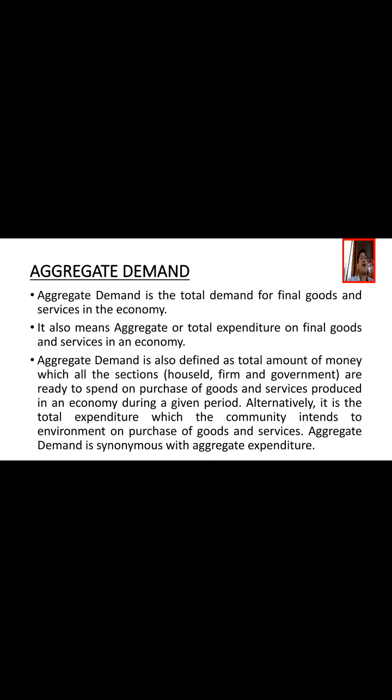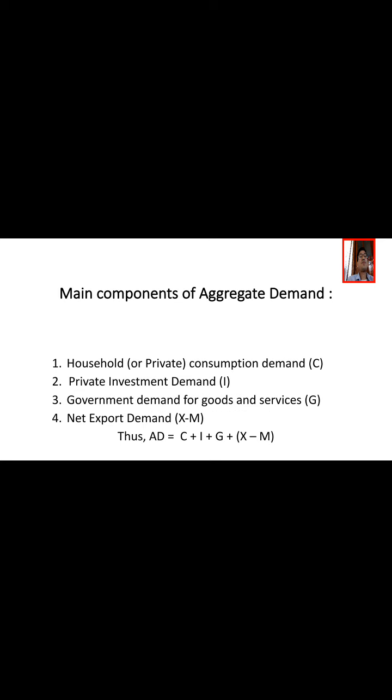So what are the components of aggregate demand? The main components of aggregate demand are household or private consumption demand, represented by C. Household is the private sector, enterprise, firm.